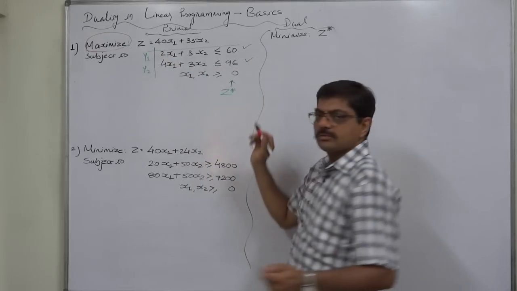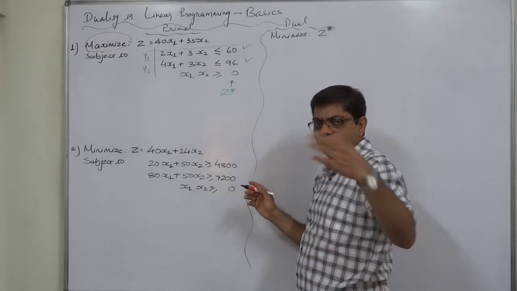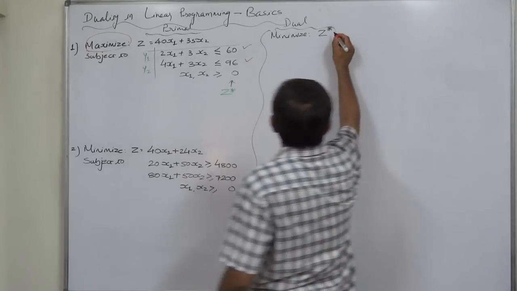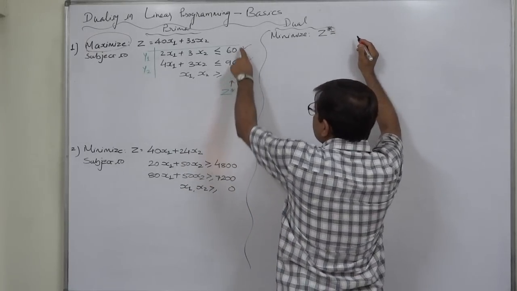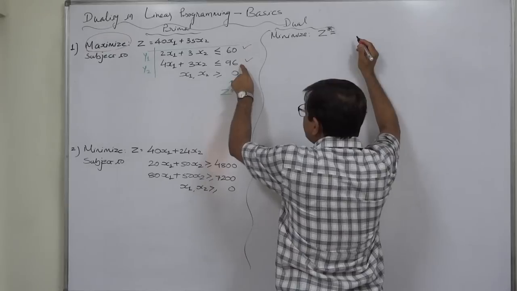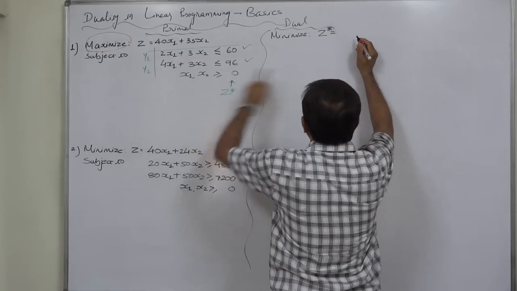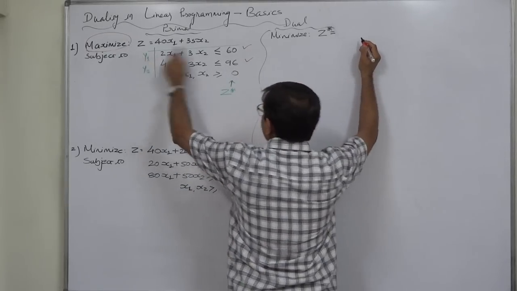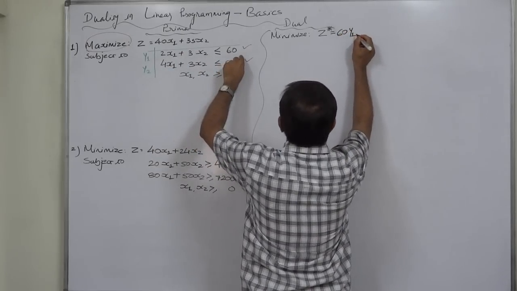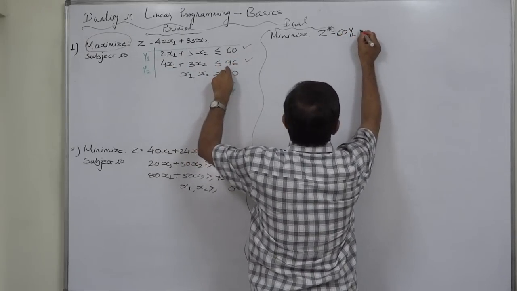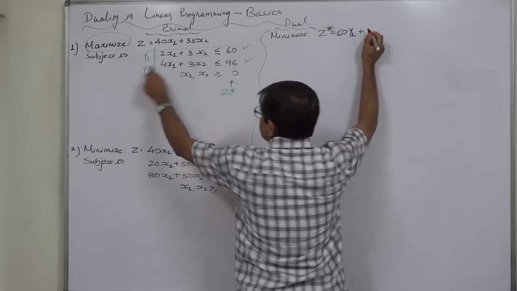So this can be called zy. It is now up to you. What will happen? These two will now be the coefficients of the decision variables in the objective function. y1 into 60, so it will be 60y1. This is positive 96, so plus 96y2.